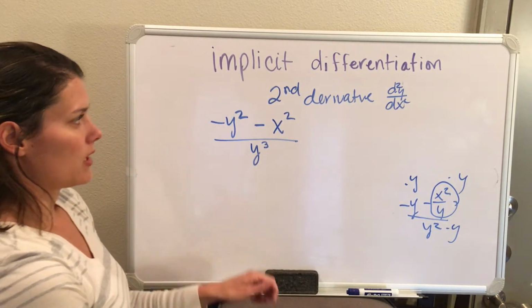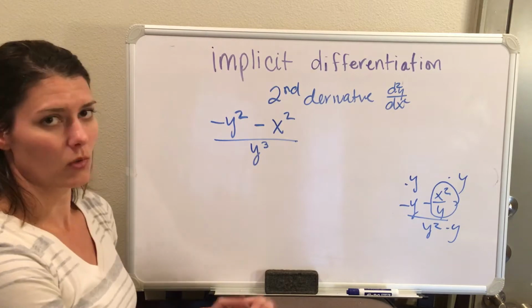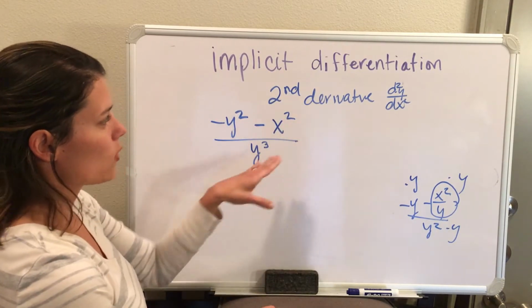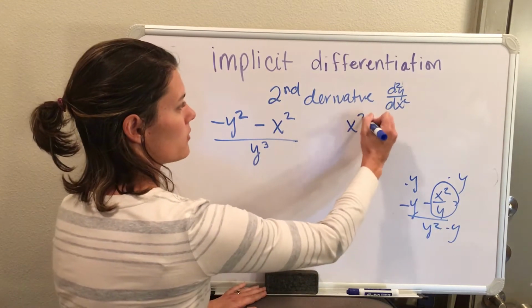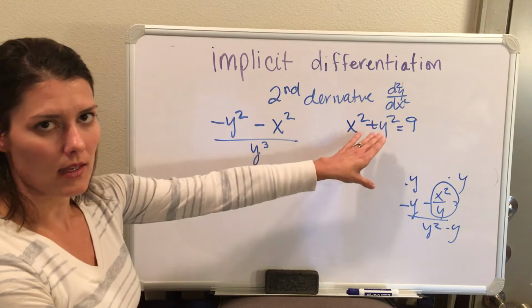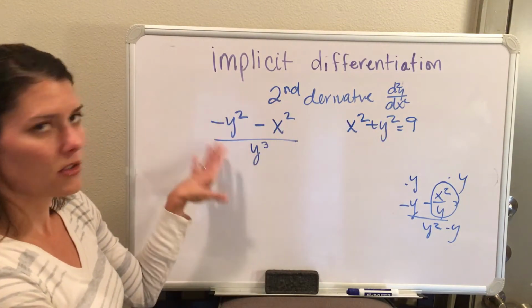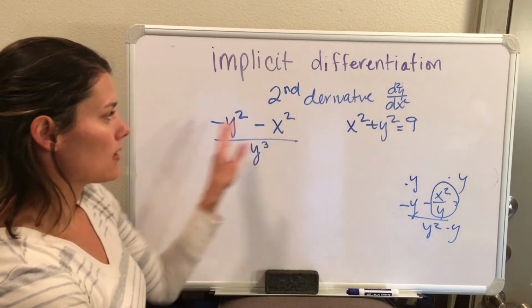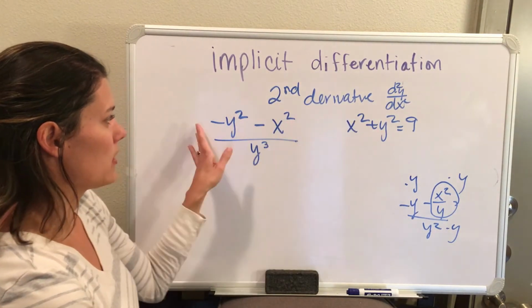Now on the second derivatives of implicit differentiation, there's one more thing you have to do at the end. You always want to look at your original equation, which was our circle, and you want to see if you can do any substitution into your second derivative answer. And actually I do see a similar equation from here to here.